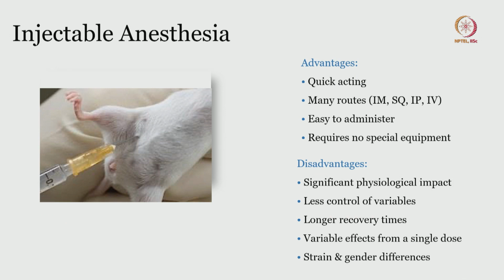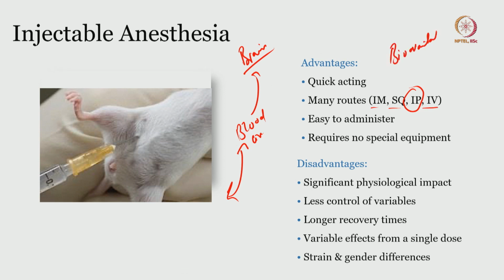It is definitely quick acting, and there are many routes which we can use, but commonly what we use is intraperitoneal, wherein it causes systemic absorption, that is, from the peritoneum it goes into the blood circulatory system, and through that it reaches the brain, alright, to cause general anesthesia. So whatever route you use, what is going to be different is the bioavailability, that is the extent of drug actually reaching the site of action. In this case, the site of action is the brain, alright.